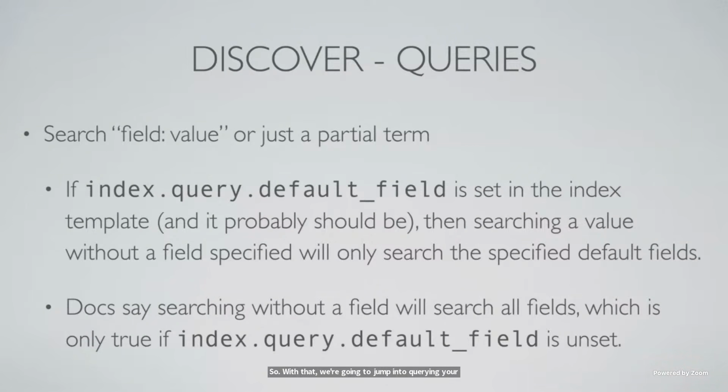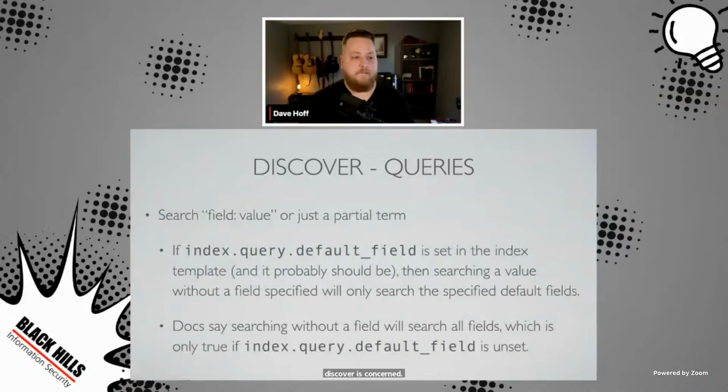The basic syntax is field : value. And then I've got a couple of notes here. You can search for just a value. If you do that, it's going to search a predefined set of fields for most data, right? And if you're not real comfortable and familiar with Elastic, it can be difficult to figure out what those fields are or why your search isn't returning the data that you expect it to.